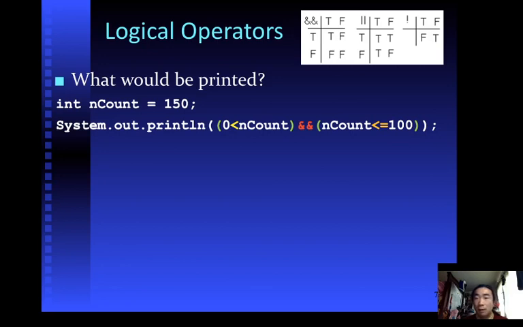Then is 150 less than or equal to 100? Nope, it's false. Now this part is much easier to work with. What's false and true? Since you see it has a false in it, you know the overall expression has to be false. If you want to take a picture of that, go ahead. We're going to go on to the next problem.